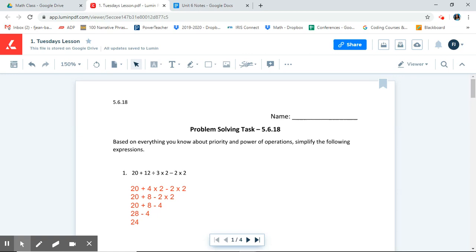We scanned the expression from left to right and did the addition and subtraction in order. The other big thing that we did is that we rewrote after every single step. Look at my work right now. This is what your work should look like every single time.